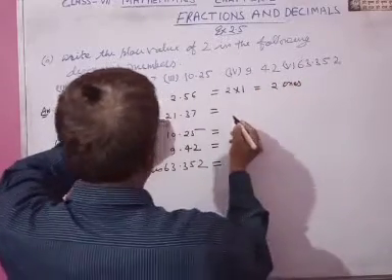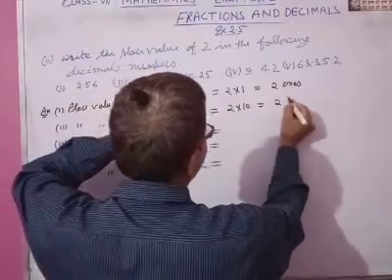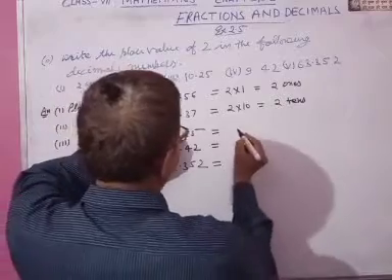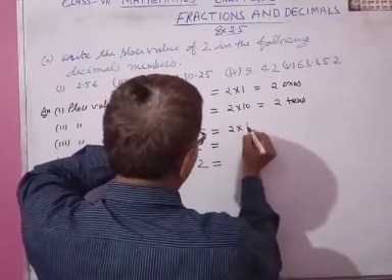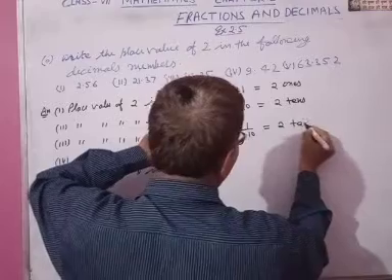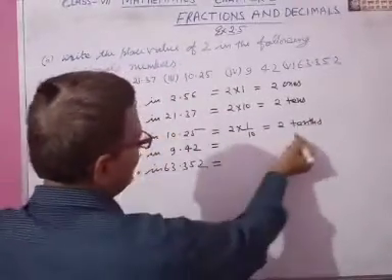Here the place value of 2 is 2 multiplied by 10, that is 2 tens. So 2 tens. We will write 2 tens. 1 upon 10, 2 tenths.